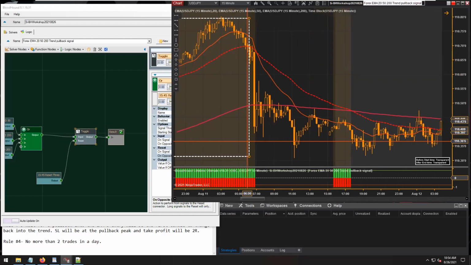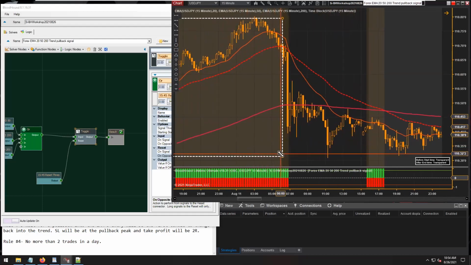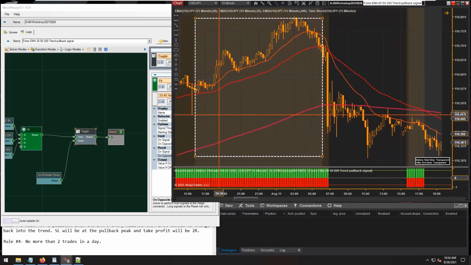So you can see that once we get out of this Asian session, if the toggle node is still on, then we need to ignore our crossovers here. We need to take the toggle node, and during the trading session here, ignore these crossovers.